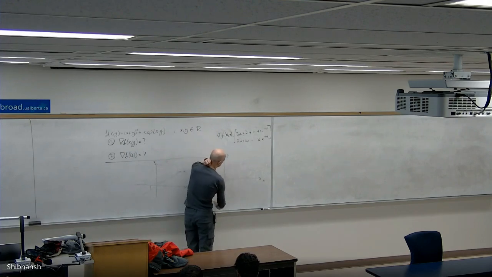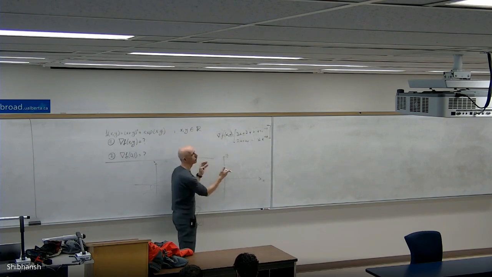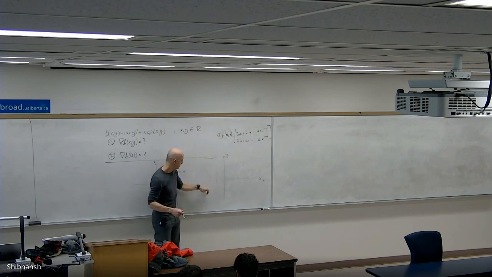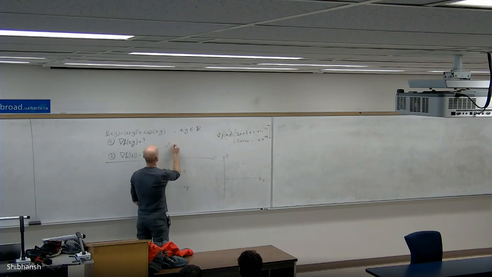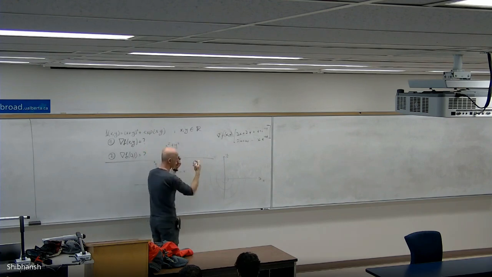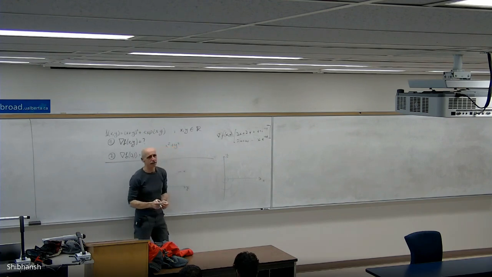Something like this. It's higher elevation if you're going away. Maybe that's x squared plus y squared. That's how it looks. These elevation curves ring a bell. It makes sense, right?